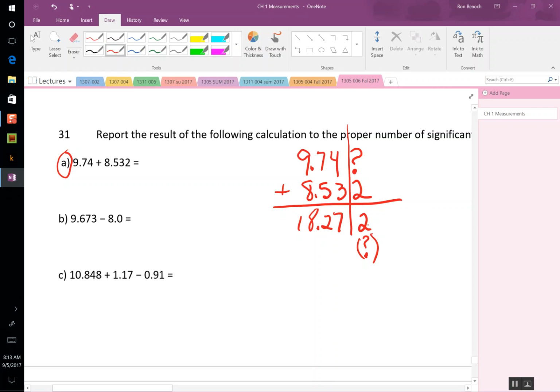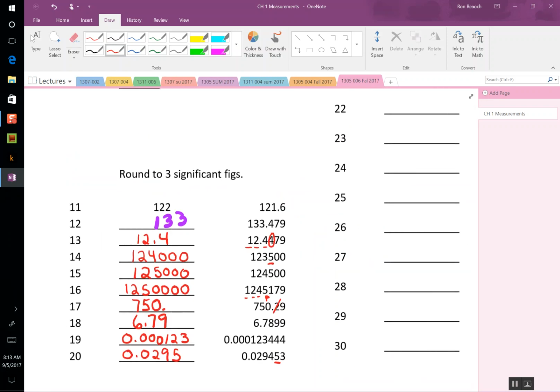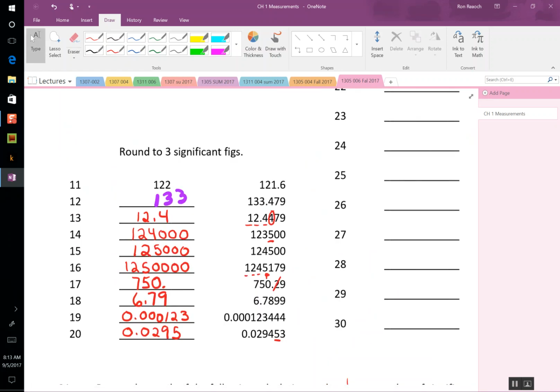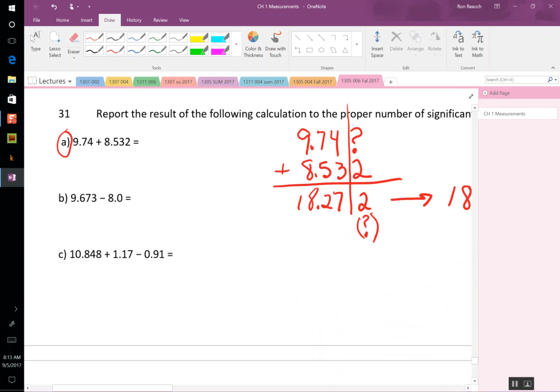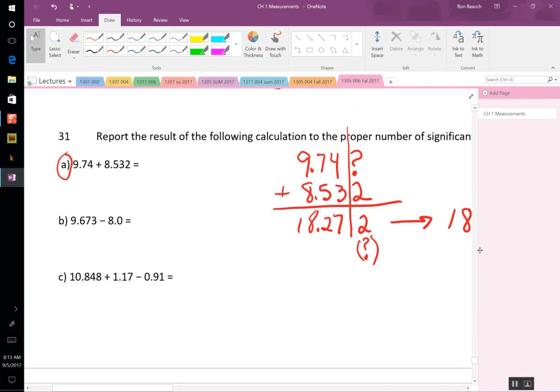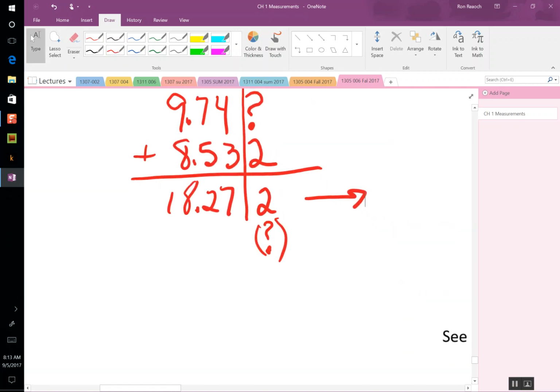The 2 is less than 5, so the real answer here is 18.27. You follow that? Kind of get that? Yes?